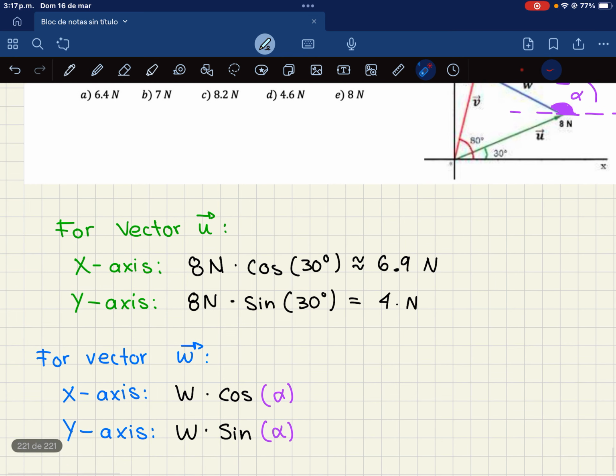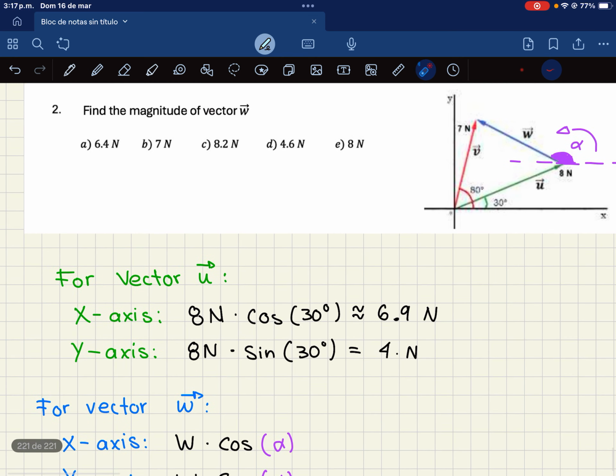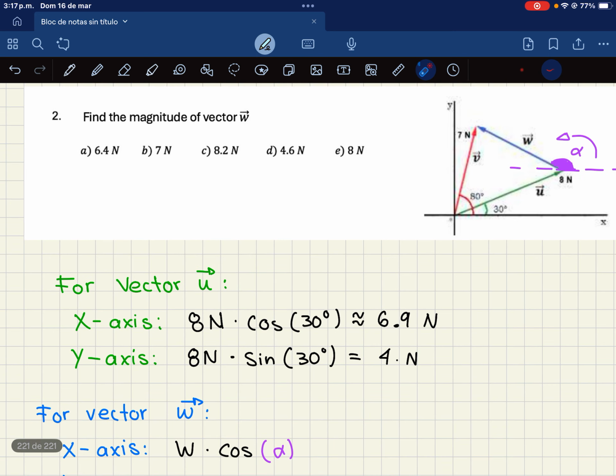So x-axis: 8 newtons times cosine of 30 degrees, which is approximately 6.9 newtons. Y-axis: 8 newtons times sine of 30 degrees, which is 4 newtons.